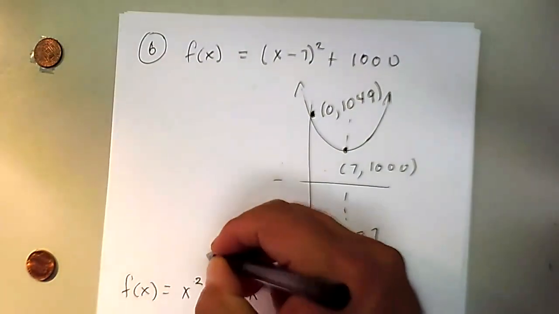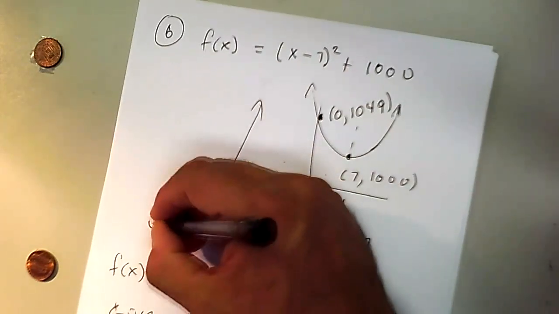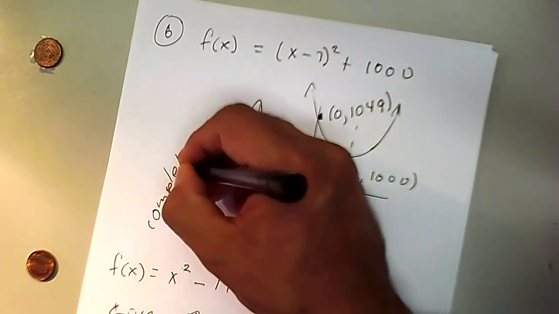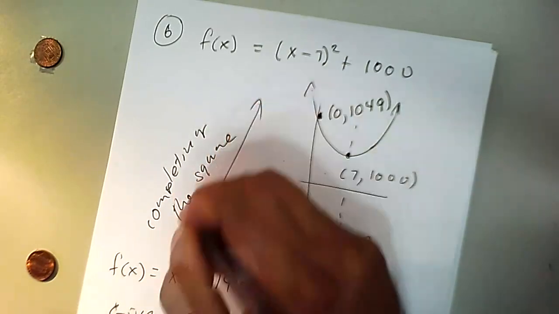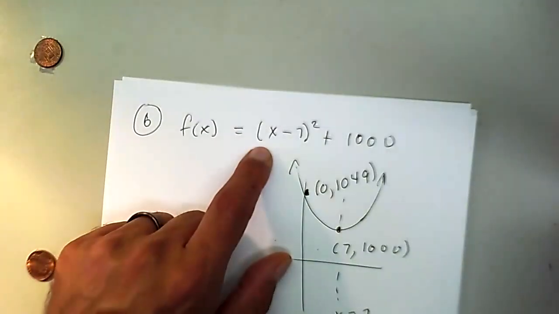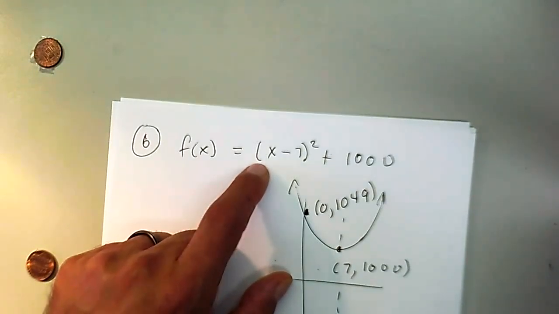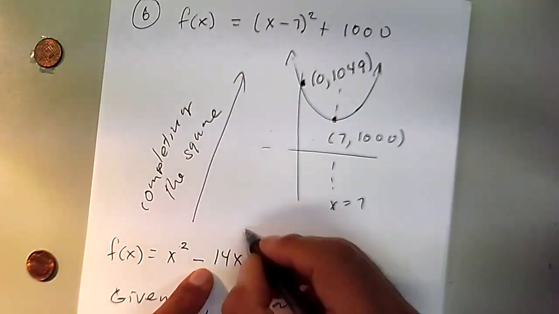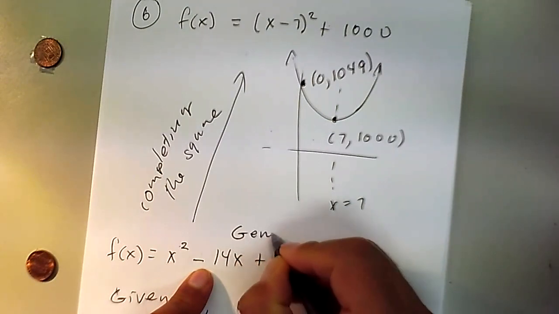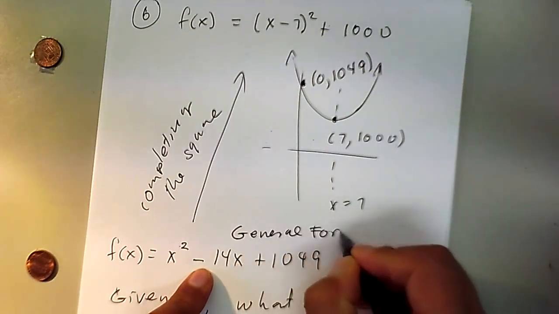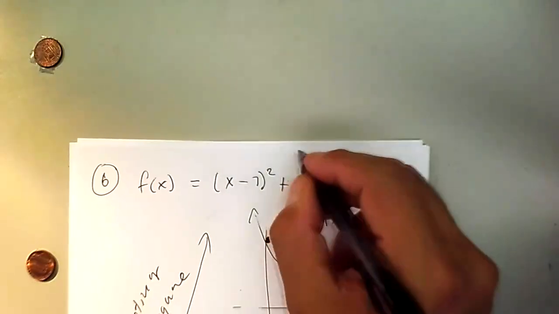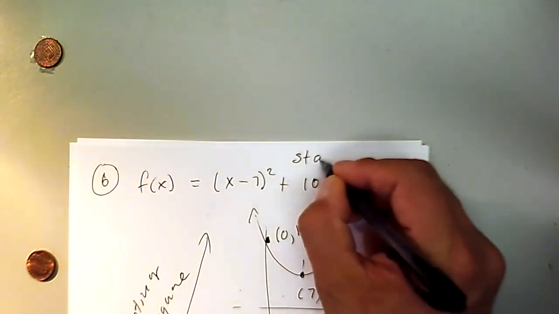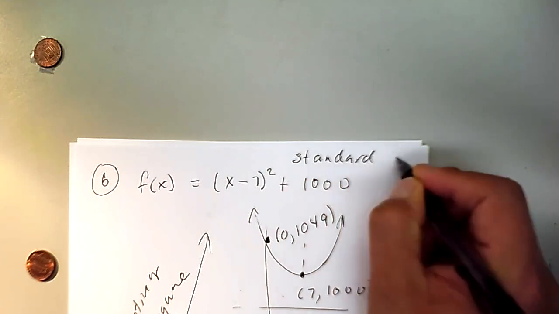All right. So the process of going from here to there is what is called completing the square. And that's what we want to do. And this form is going to be called the standard form versus the general form. So this guy, again, is called the general form of the quadratic function versus the standard form.